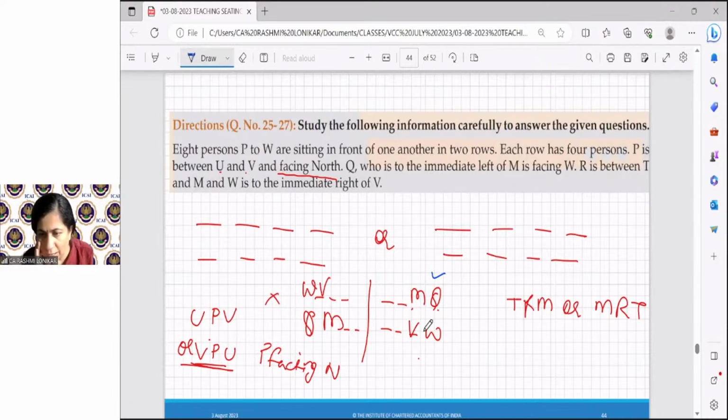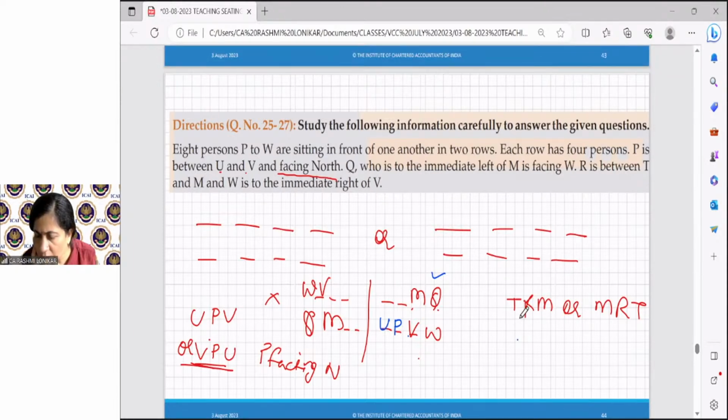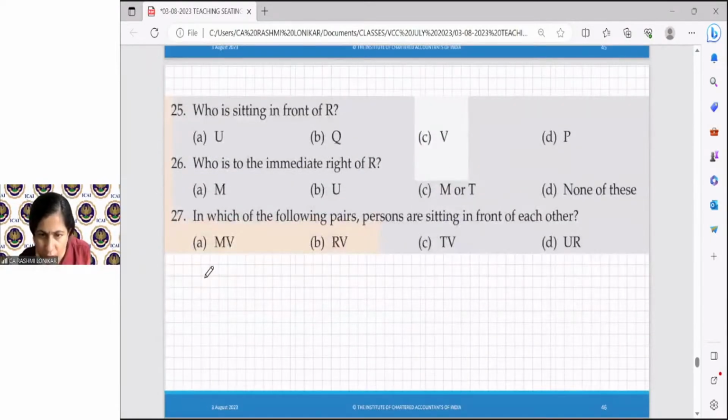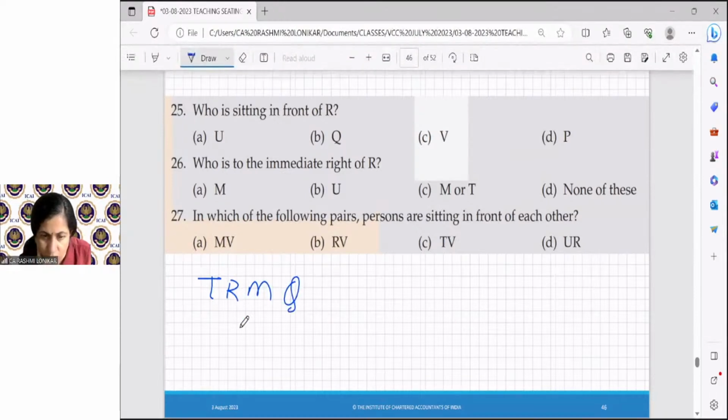So now what do I have? I have V here. So I can write U, P, V, then M and Q. Now what is remaining is R, S. Now I have T, R, M or M, T, R. Because this is the case, I can have T, R, M. So I can have TRMQUPVW.